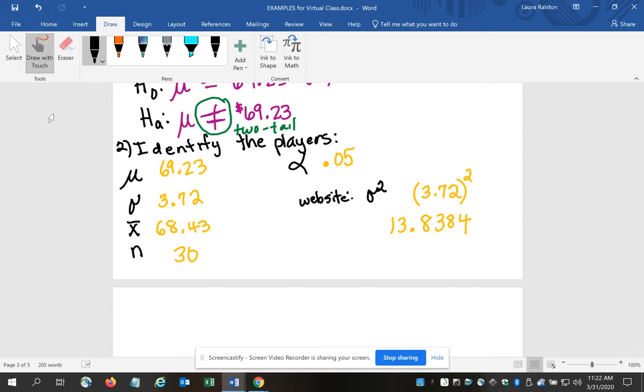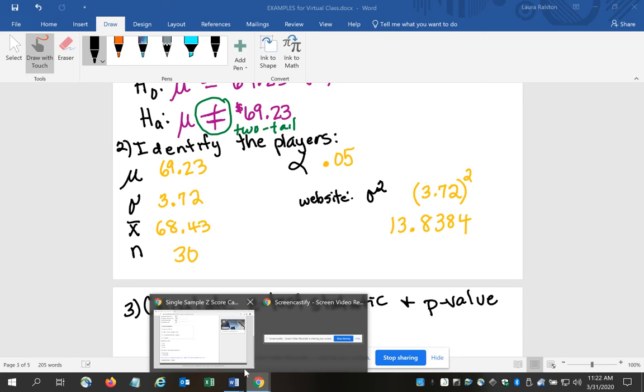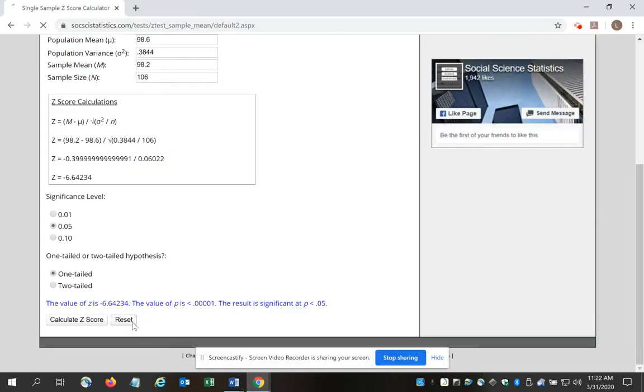Again, we're doing the z-test because we know the population standard deviation. And with that, we calculate its corresponding p-value. So I'm going back to my calculator. I'm going to reset it.